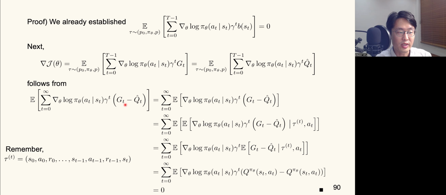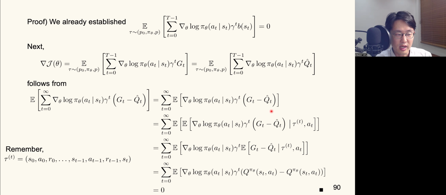We subtract them, so we get g minus q hat, and the other terms are the same, so we keep them. Again, we're using the trick where we have the MDP never terminate by having the terminal states be absorbing states. So now we'll pull out the summation. The summation is from 0 to infinity, so we can pull it out. Now we'll examine this thing.